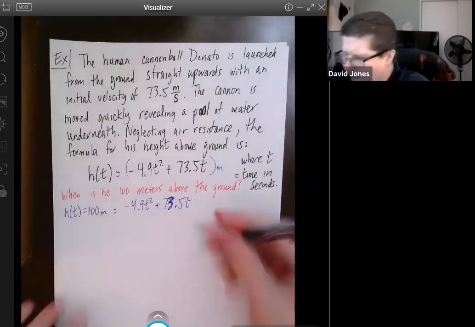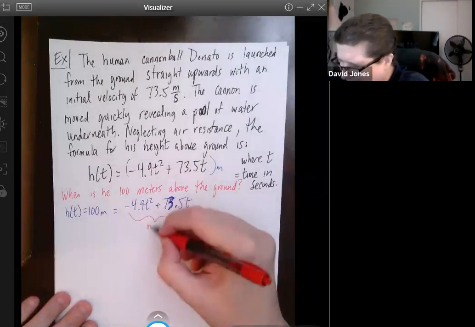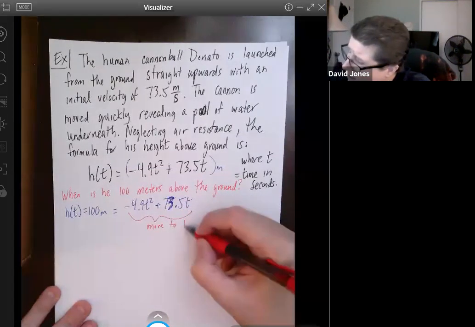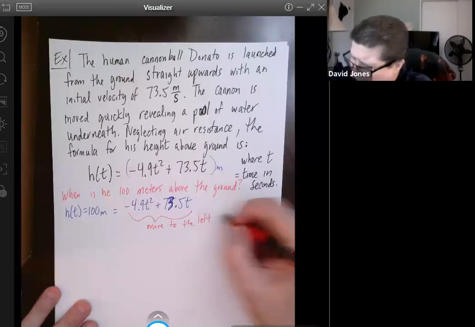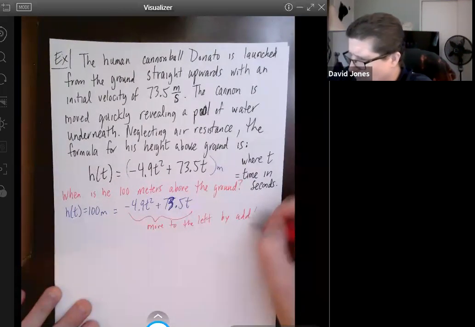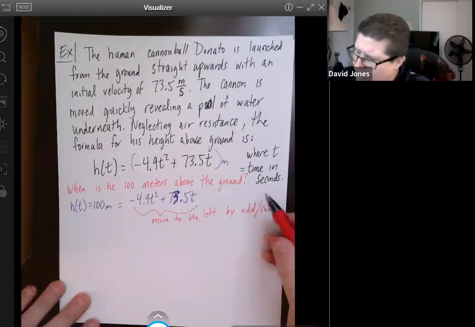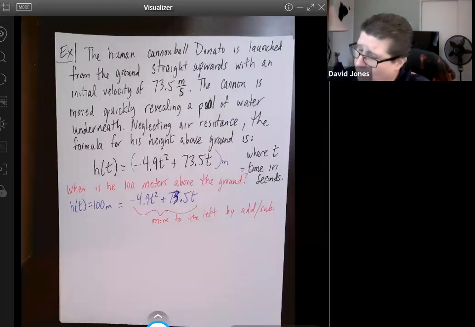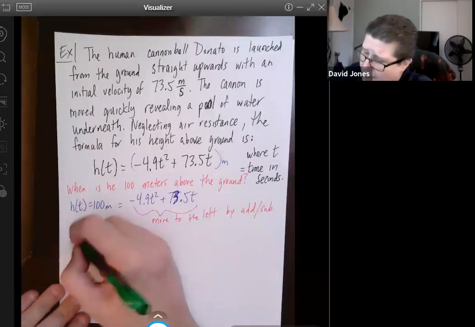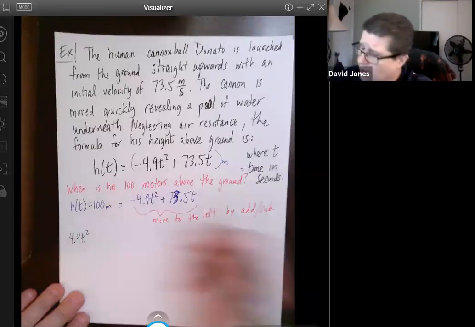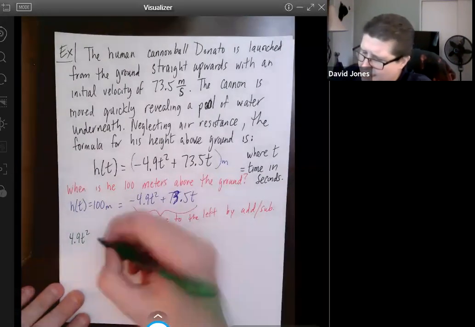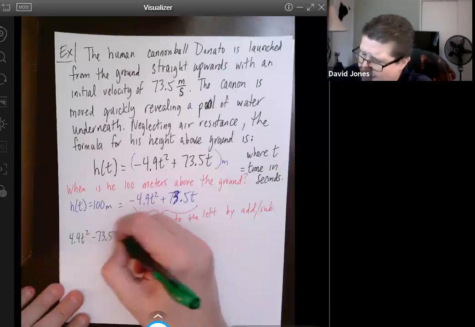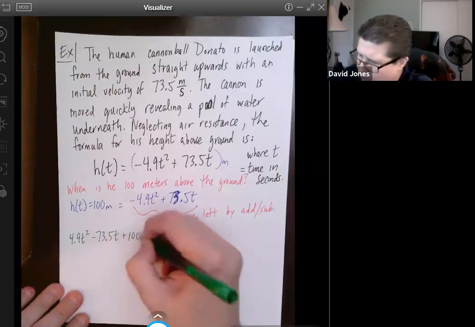I'm going to move everything to the left by adding or subtracting. If I do, you'll see I get 4.9 t squared, it's positive now, minus 73.5 t plus 100 equals 0.